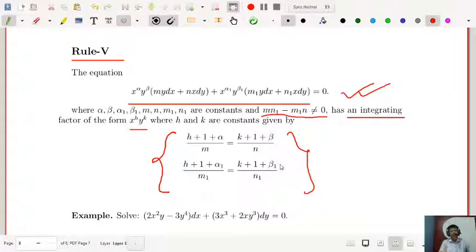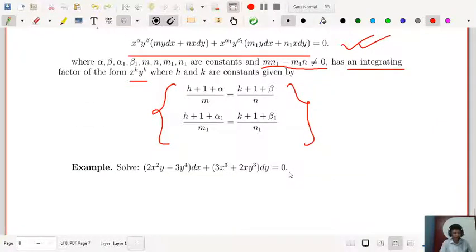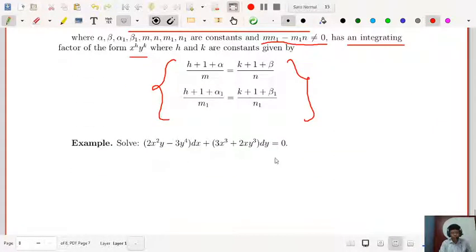Okay, so let us apply it to the problem now. So this is the problem. You will check del m by del y and del n by del x. It is not exact, I am not checking that, you can check that. If you have failed for exactness, you will go for rule 1. If you fail in rule 1, go to rule 2, rule 3, rule 4.